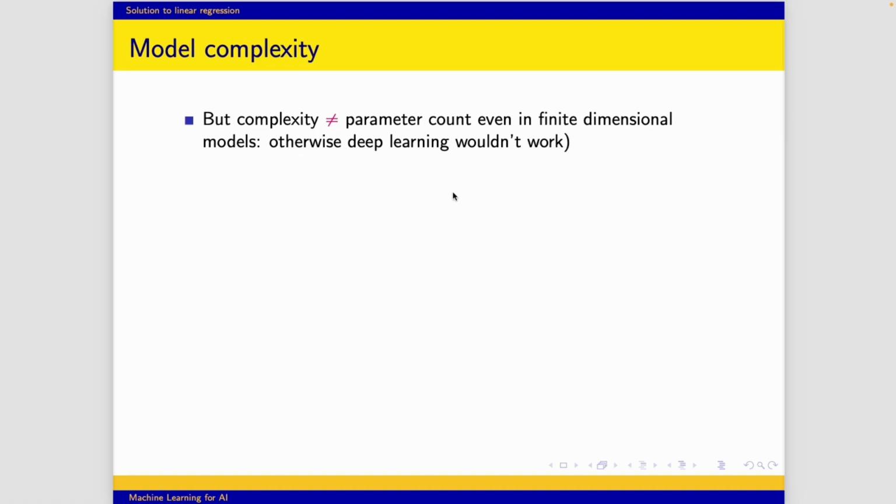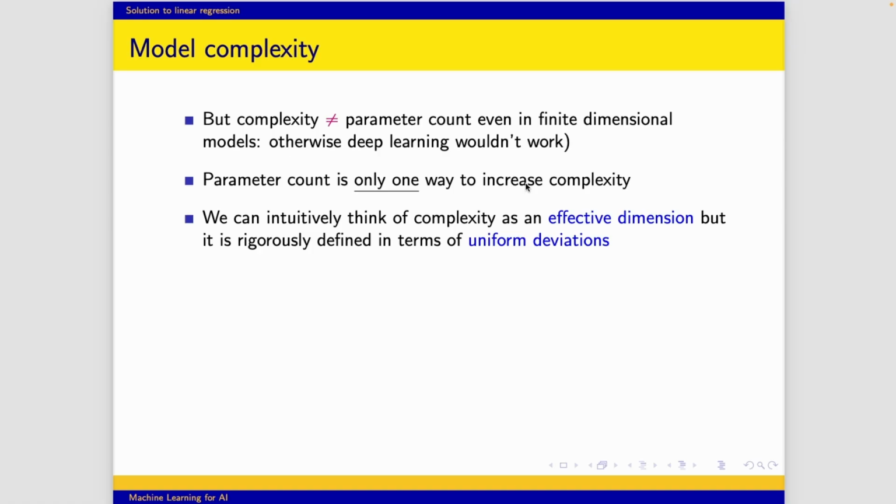Otherwise, deep learning wouldn't work, because in deep learning we have a finite number of parameters, albeit very large, but complexity is not equal to the number of parameters that we have. What is complexity? Well, at this stage, all we can say is that parameter count is one way in which we can potentially increase complexity in some models, certainly in these linear models that we're using at the moment.